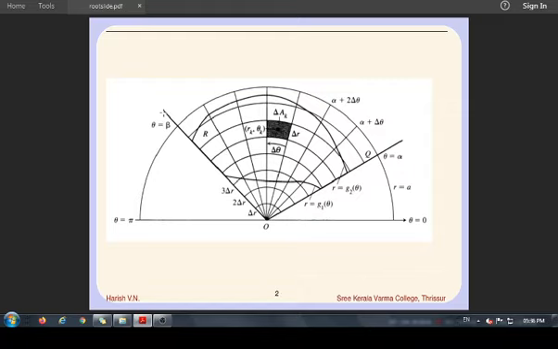You know theta equal to constant, they are rays in the polar plane. For example, theta equal to 0 is the initial line or the x-axis. Theta equal to pi by 2 is the y-axis, like this. So theta equal to alpha, that is given by this line. Theta equal to beta, that is given by this line.